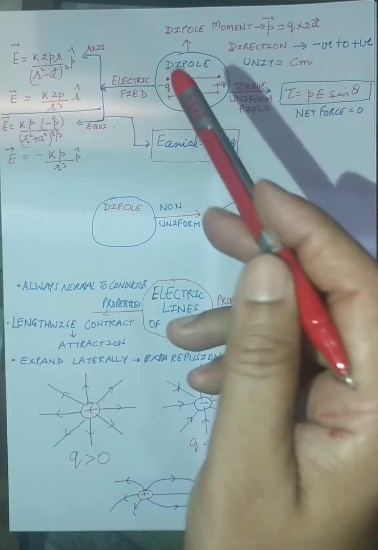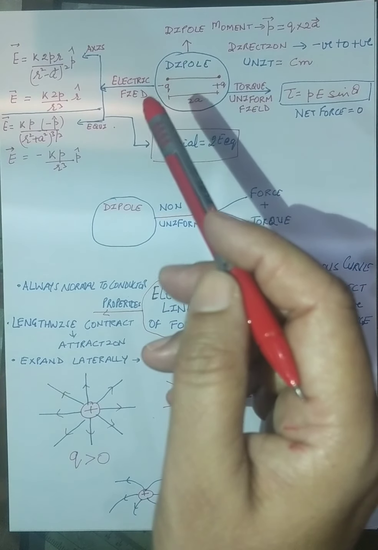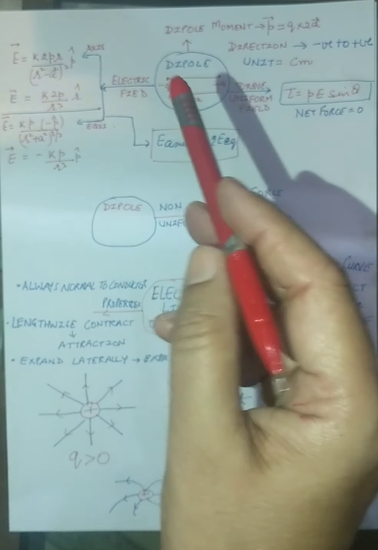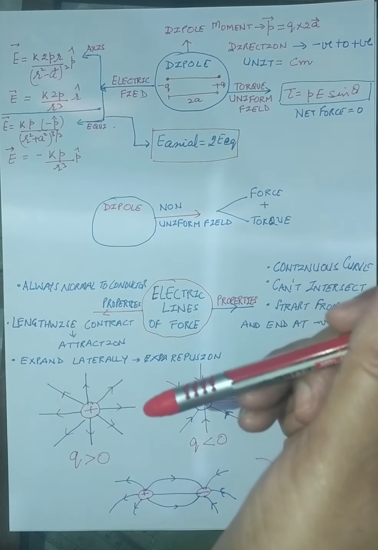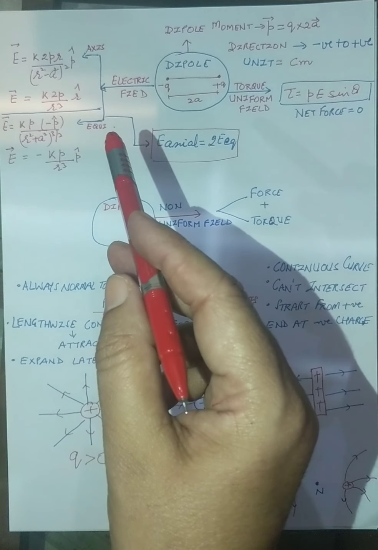Then we have done the electric field due to a dipole. For the electric field due to a dipole, we have done two cases: the electric field on the axis, and in the second case, the electric field on its equatorial axis.